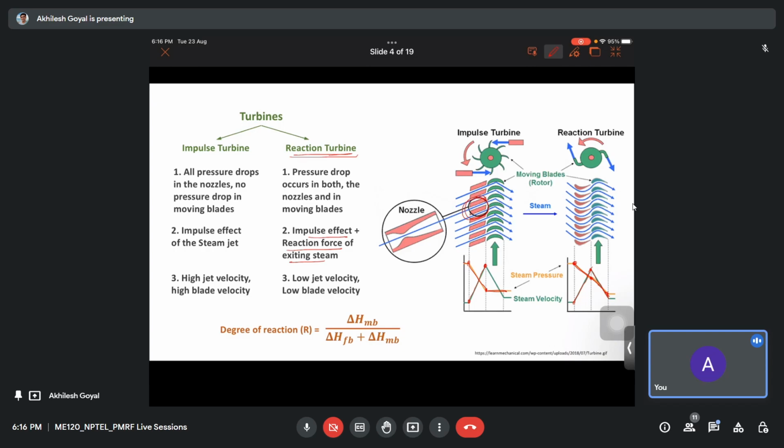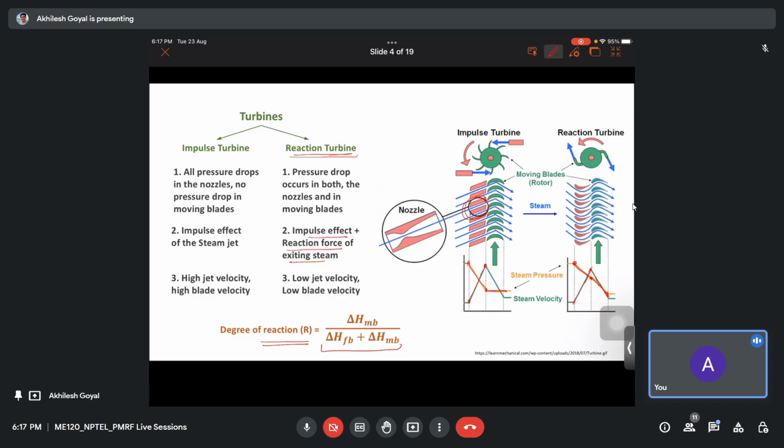And one another term here is degree of reaction, R. Okay, so degree of reaction is defined as the ratio of the enthalpy drop in the moving blades divided by the total enthalpy drop. So total enthalpy drop consists of the enthalpy drop in fixed blades.